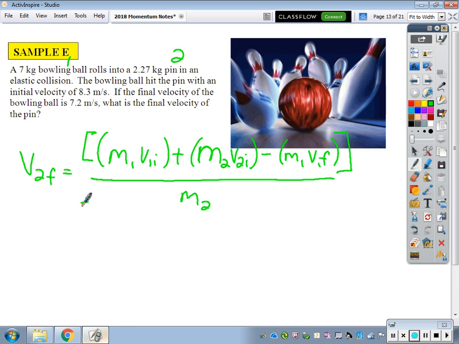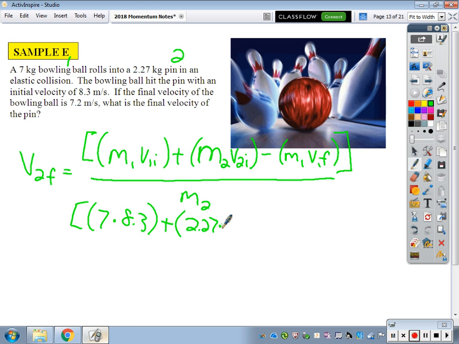So let's go through our substitution. Open, open. Mass 1 is our 7 kilogram bowling ball times its initial velocity, which is what? Good, 8.3. Close it off. Plus, open parenthesis, mass 2, which is 2.27, times its initial velocity.